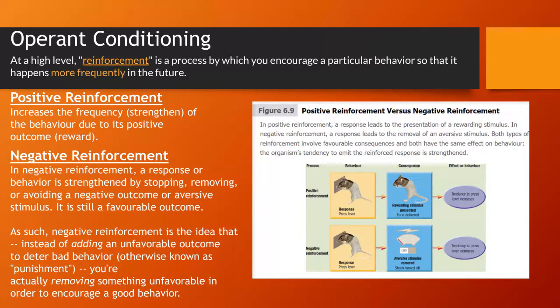So in the first one, it's being rewarded positively, positive reinforcement. In the second one, it's having something negative being taken away. So the rat would carry on pushing that lever, because as often as it pushed the lever, that shock would not happen. So negative reinforcement is we are removing something negative from the environment. The behavior will continue to happen to ensure that that negative outcome does not take place.